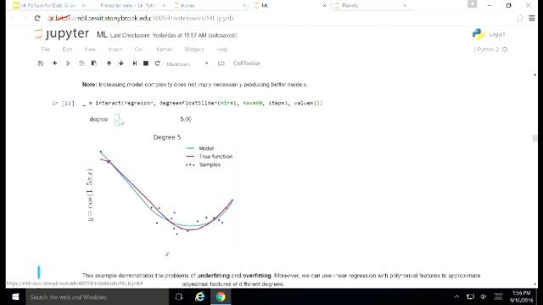Okay, so if you want to be a good machine learner, and you want to solve a good machine learning problem, you have to invest time to understand the domain.